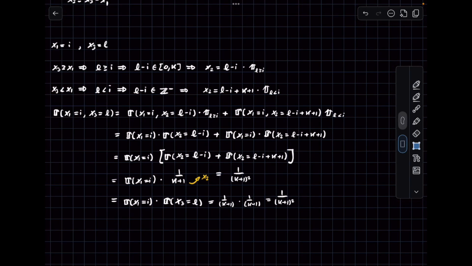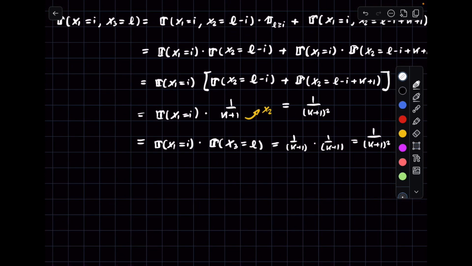We only showed one case, with x1 and x3, so we have to also check x1 and x2, and x2 and x3.